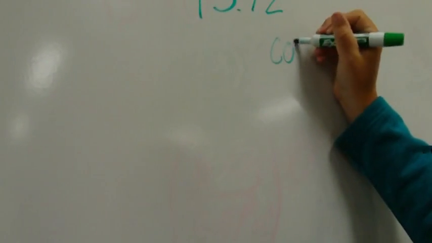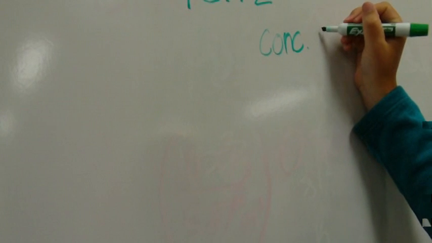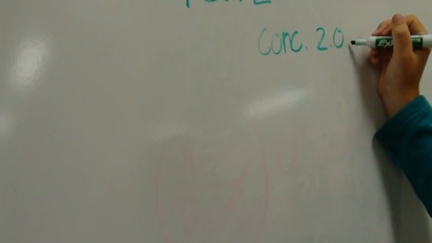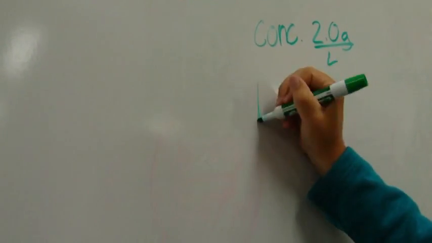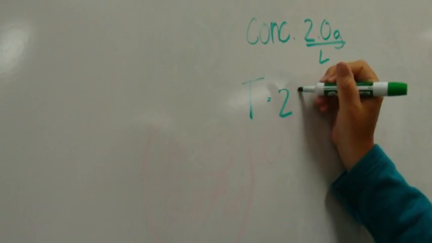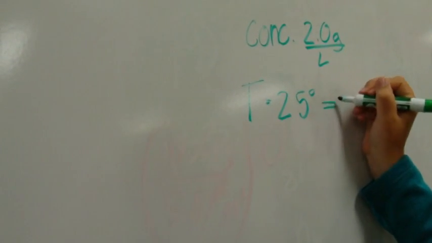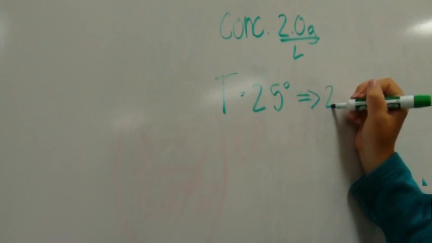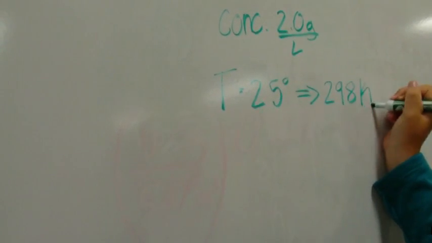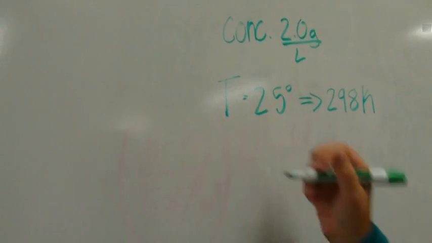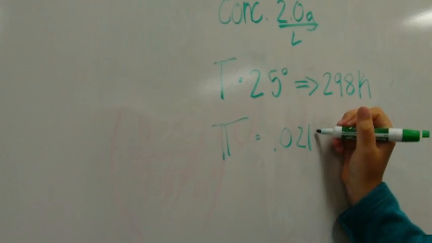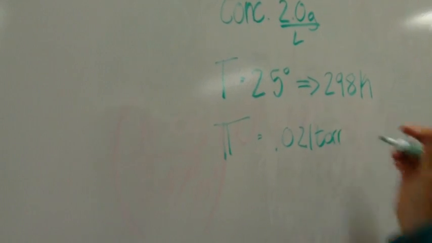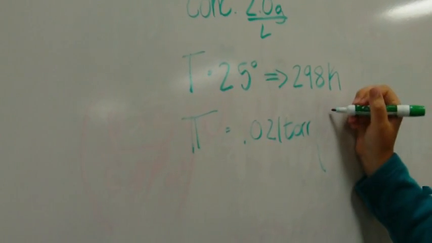All right, so we'll just write down what we know. Concentration, let's get in 2.0 grams per liter. They give us temperature, which is 25 degrees Celsius, which translates into 298 degrees Kelvin. We know osmotic pressure is equal to 0.021 torr. We'll do a quick conversion into ATM.